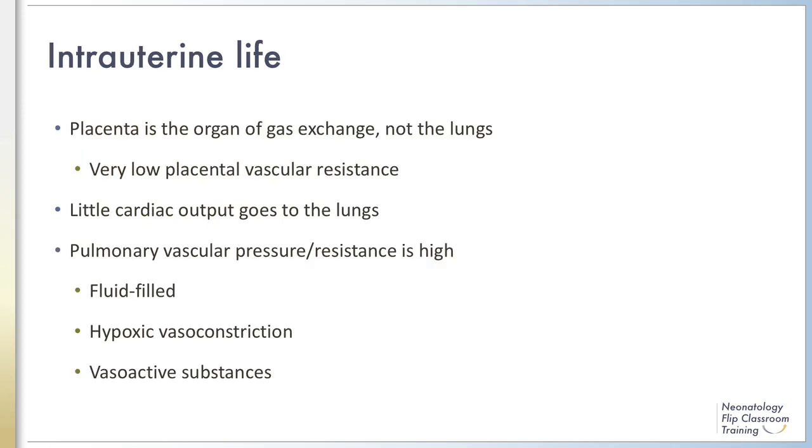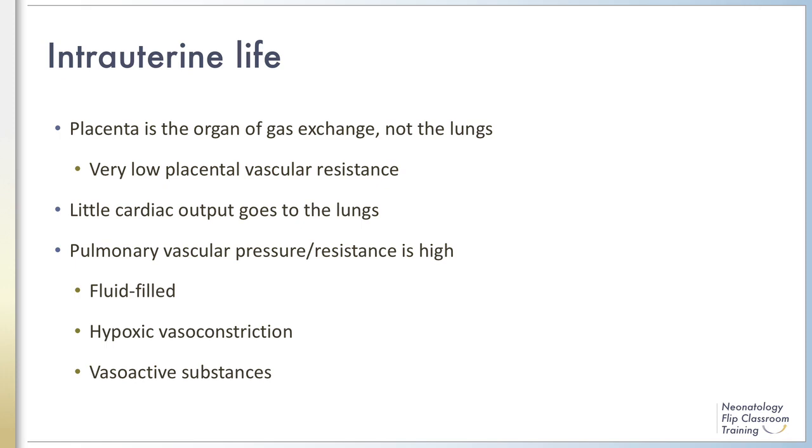During fetal life, the placenta, rather than the lungs, serves as the organ of gas exchange. The placenta is a very low resistance organ, whereas in fetal life, the lungs have very high vascular resistance. Only 10 to 20% of the combined cardiac output enters the pulmonary vascular bed in fetal life. Even though the surface area of the pulmonary vascular bed increases throughout fetal life, pulmonary vascular resistance also increases with gestational age.